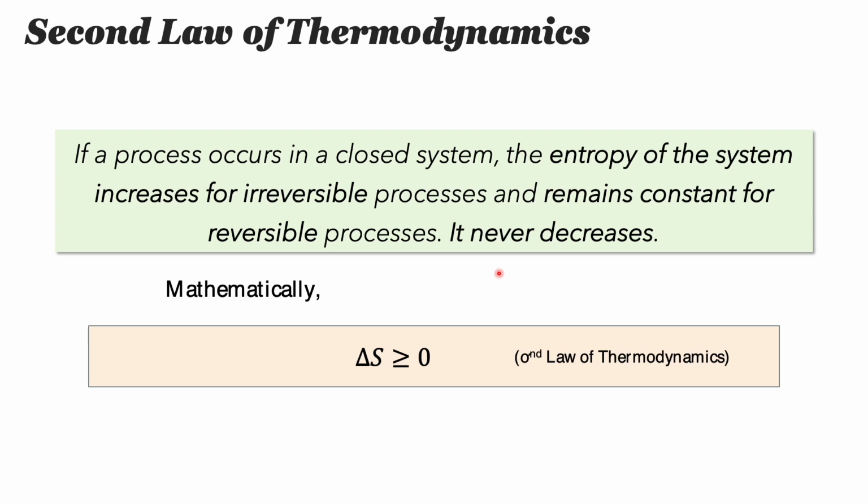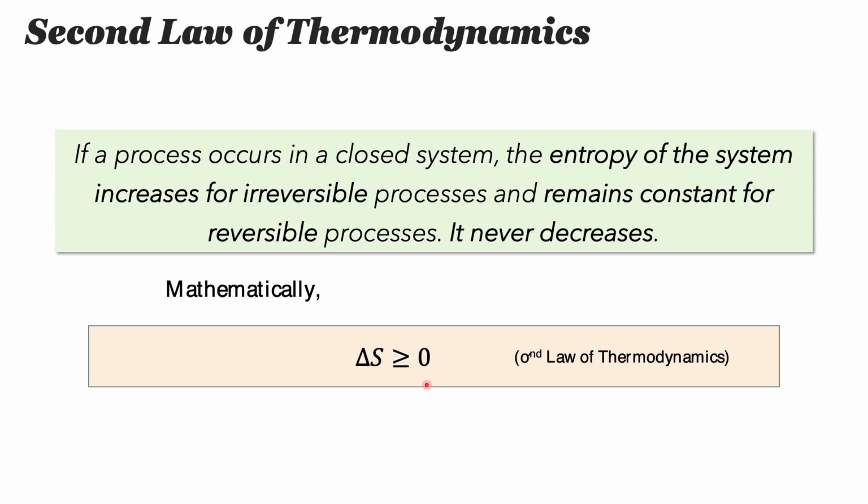It says that the entropy of a system either remains constant or it increases. It increases for irreversible processes and it remains constant or unchanged for reversible processes. Meaning that it never decreases, it either increases or remains constant.